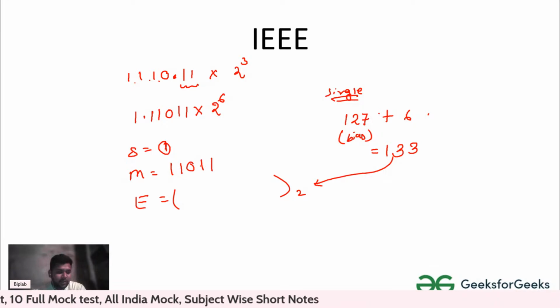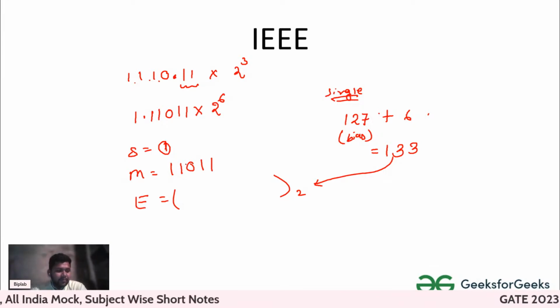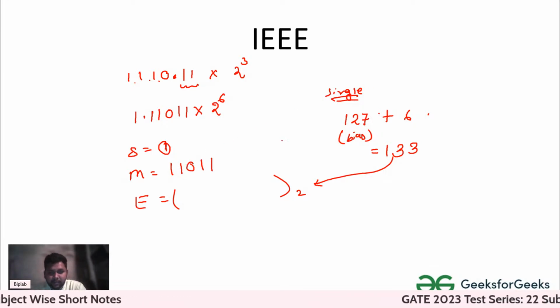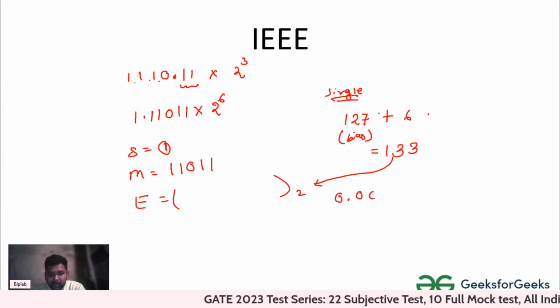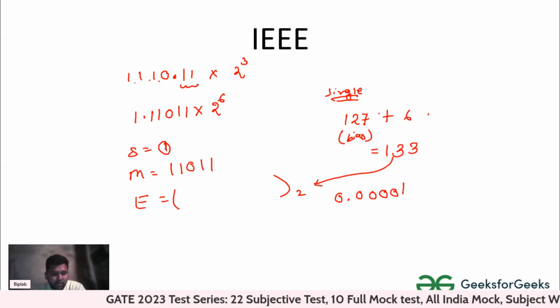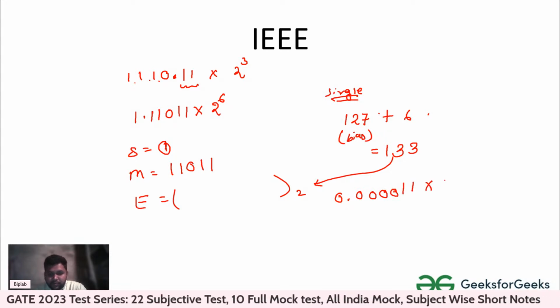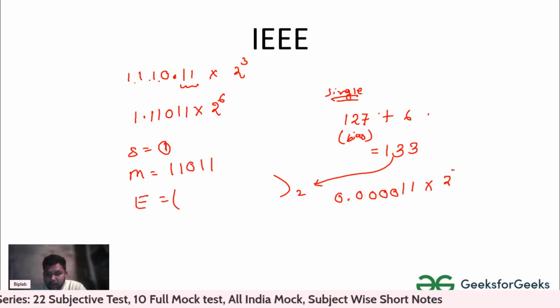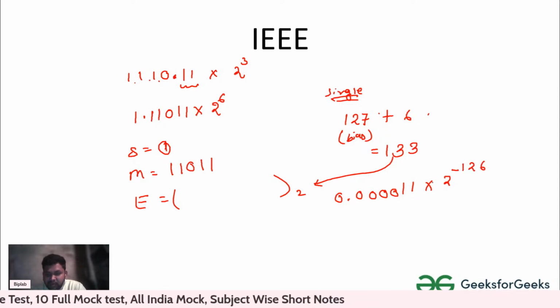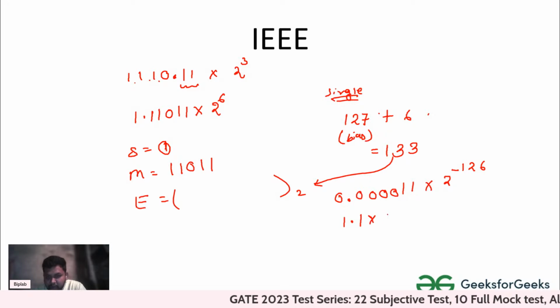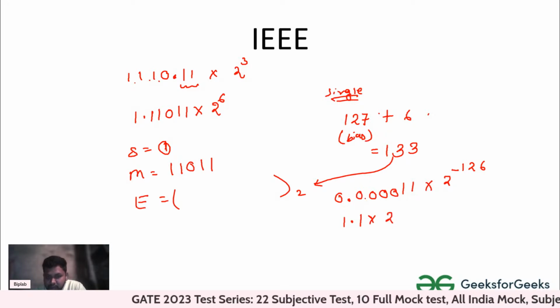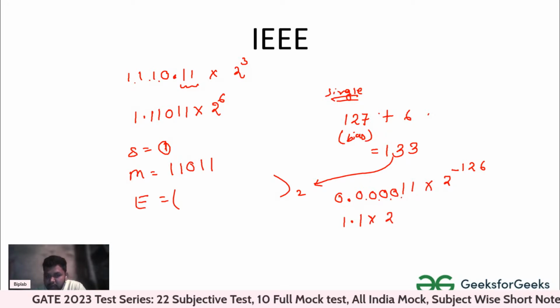Let's say another example. Let us consider 0.0000011 into 2 to the power minus 126. Now look here, if you shift these zeros to get 1.1 into 2, how many digits have you shifted? 1, 2, 3, 4, 5.